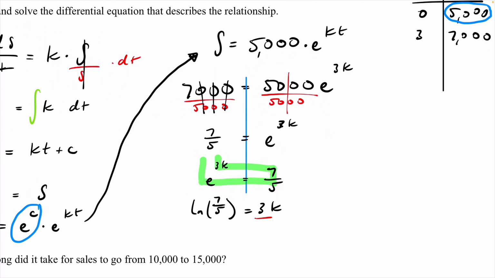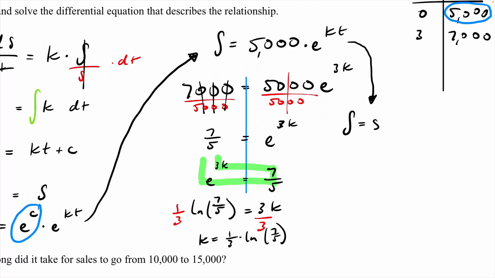Last step, divide by 3. So we get k equals 1/3 times the natural log of 7/5. So I'm going to go back over here and rewrite it.